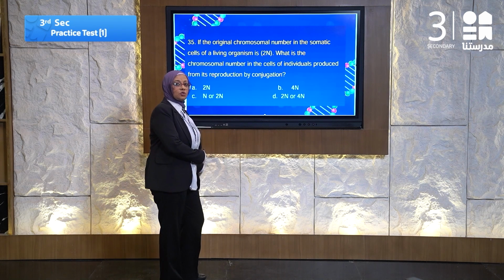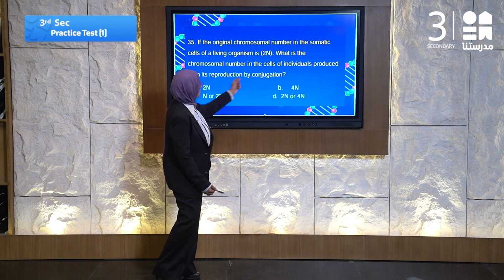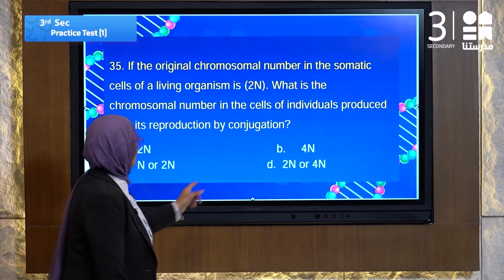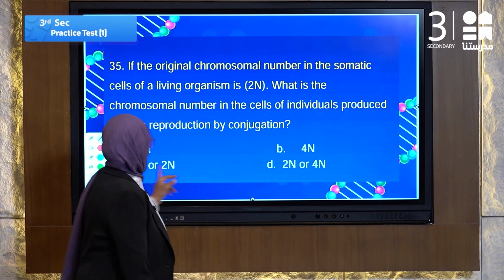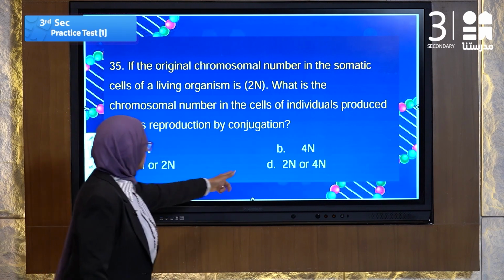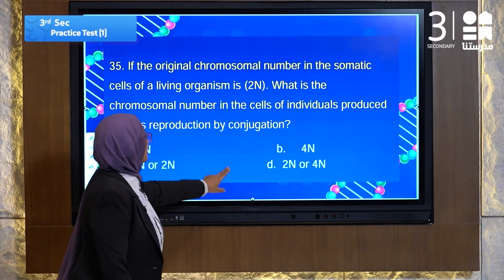Let's read the choices. A, 2n. B, 4n. C, n or 2n. D, 2n or 4n. Let's go.